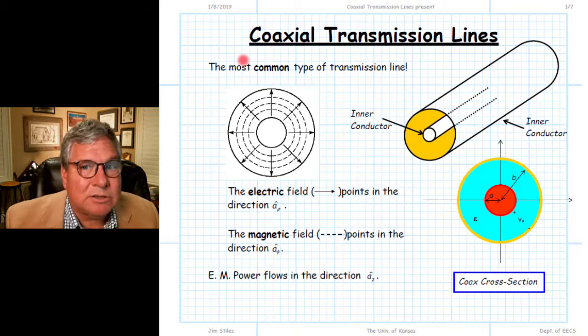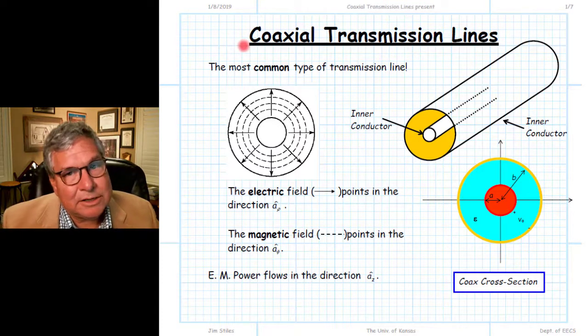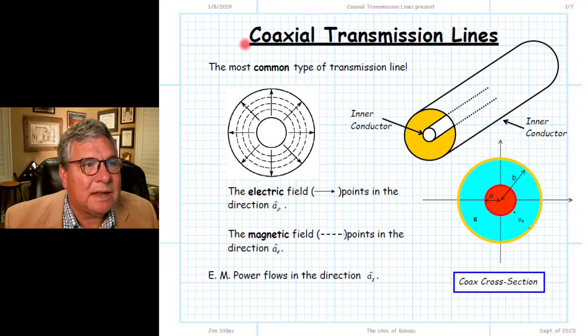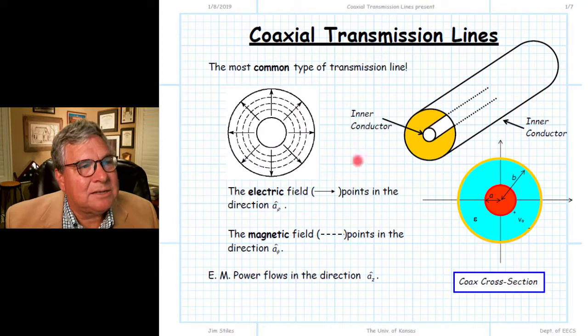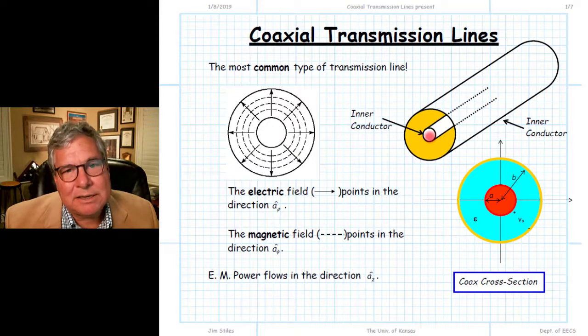So what is a coaxial transmission line? It essentially is two circular cylinders, one inside the other. Two conductors. Remember, we talk about transmission lines always having two conductors and two wires. And in this case, one conductor is what we call the inner conductor. This is a circular cylinder of conducting material.